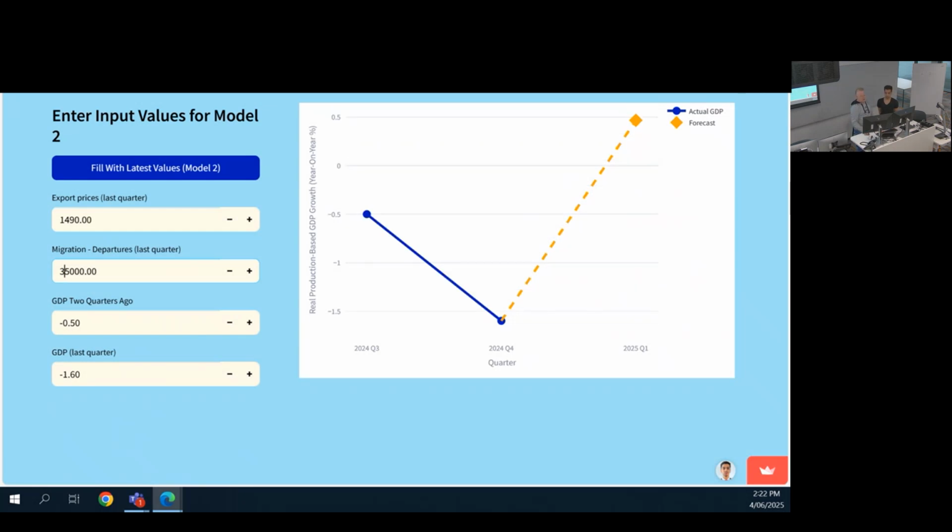So it's also updated with the changes in number of migrations. And the same is for export prices. Okay, back to Anatoly. Thank you, Vladimir.